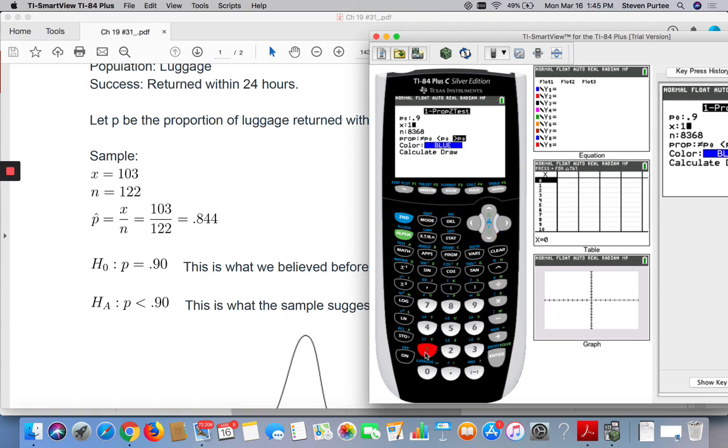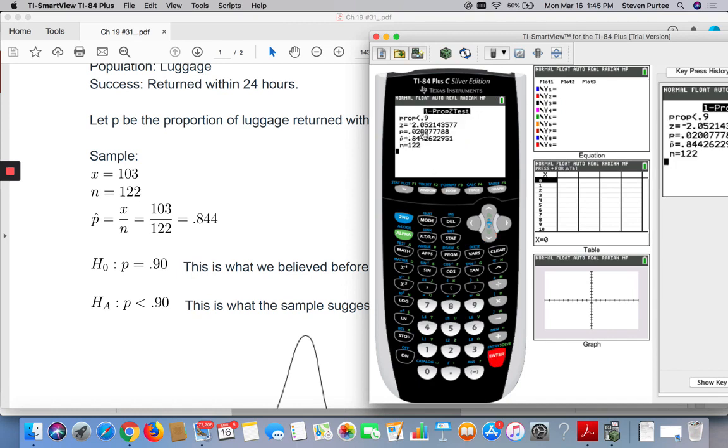We had 103 successes in the sample out of 122. Our alternative we chose was less than P naught. P is less than P naught. And we hit calculate. We're done.